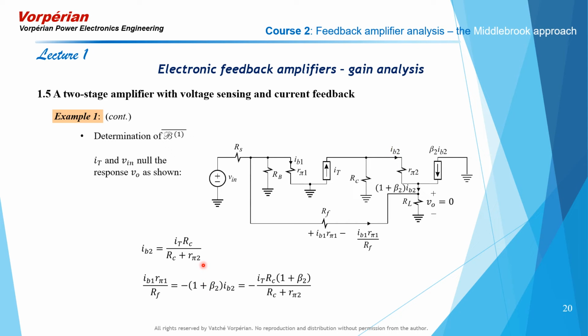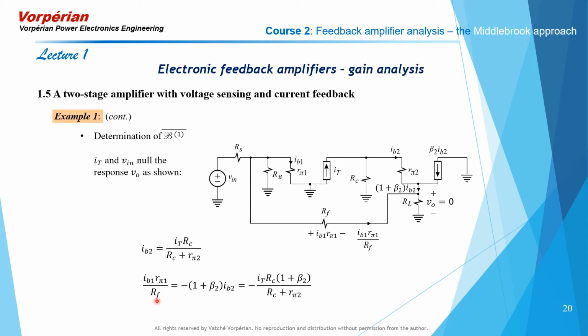When we multiply that by 1 plus β2, we get the emitter current, and that's equal to the negative of the current flowing in this direction. So if I find IB2 here and multiply it by 1 plus β2, it's equal to negative IB1 Rπ1 over RF.